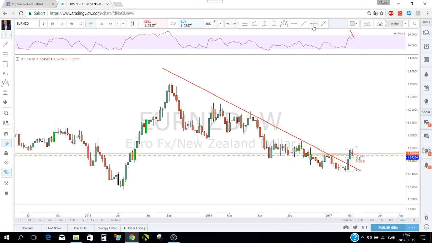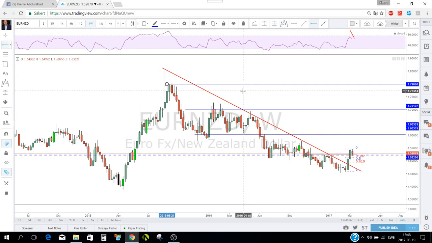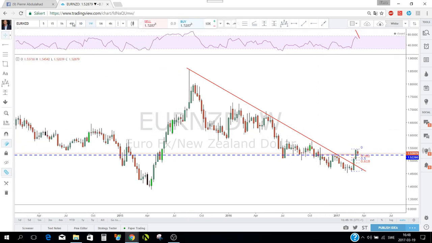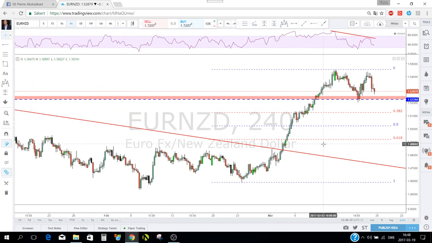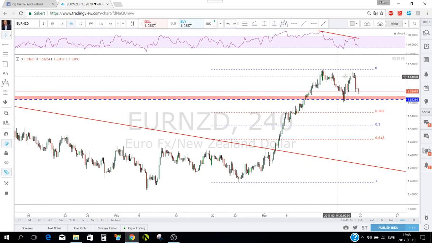The first trouble area should come somewhere at this level, and the second is up here, and then we have this last high here. But that's very long term. Let's take it one step at a time, yeah? So if we go back down to the 4 hour, you can see that for now what happened last Friday is that we had this possibility of a double top.